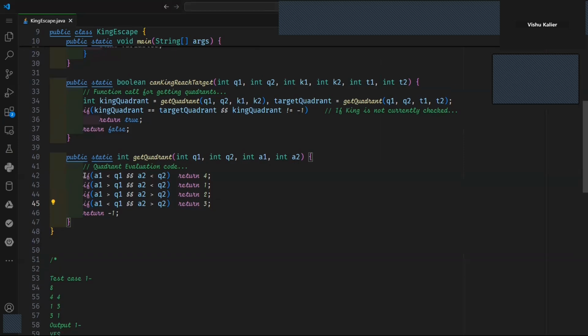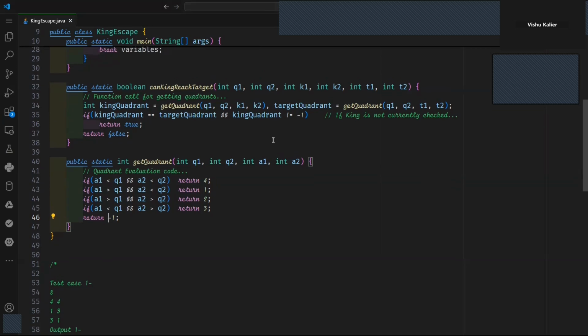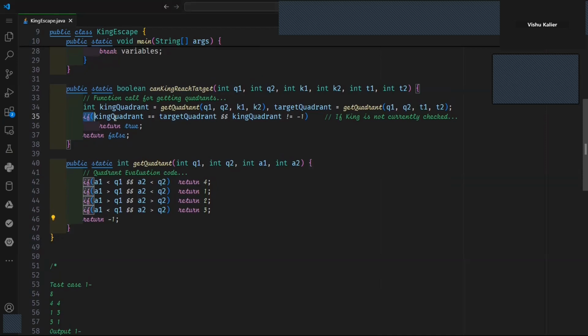If nothing of this is happening, right, then I'm returning -1, just as a base case, in case something extraordinary happens in any test case. Now, if king quadrant and target quadrant are equal and king is not currently in check, I'm returning true. Otherwise, I'm returning false, as explained in the logic, if king and target are not in the same quadrant.